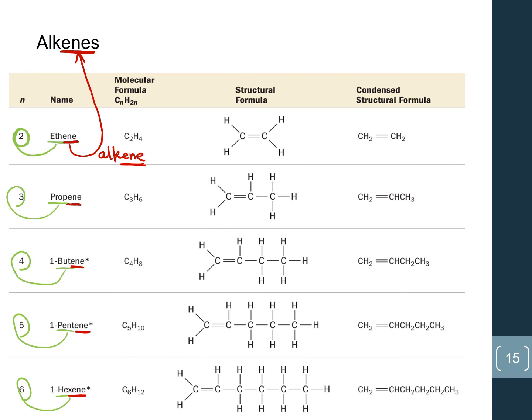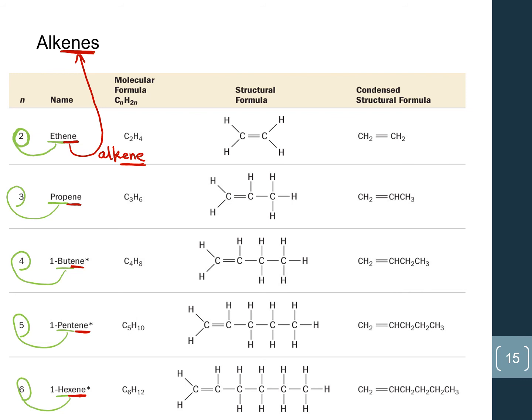What I want you to know is how many carbons you have depending on the name, and which specific type of compound you have depending on the ending of the name. ANE is for alkanes, ENE is for alkenes, and then you can guess that the third type of hydrocarbon is alkynes with YNE.